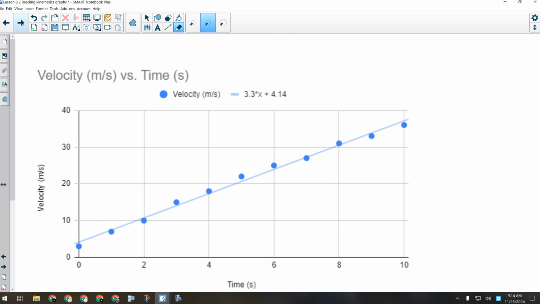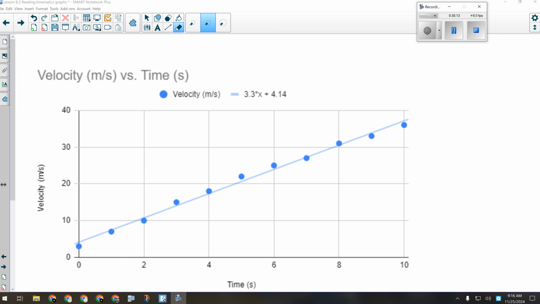You have everything you need on the board right now. I want you to calculate for me the velocity of this object after 25 seconds. How do we go about doing that? y equals mx plus b.